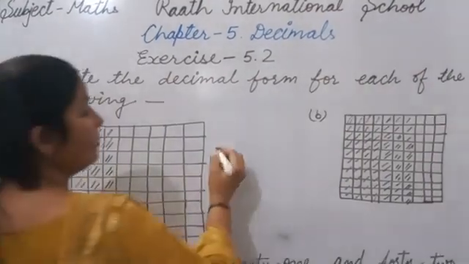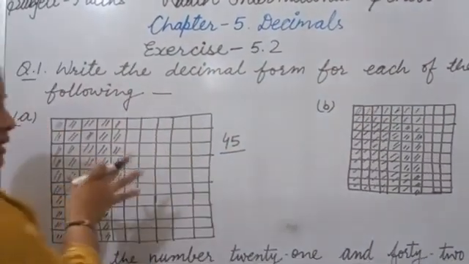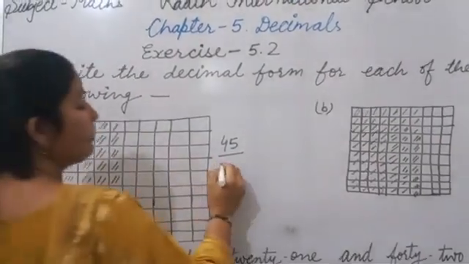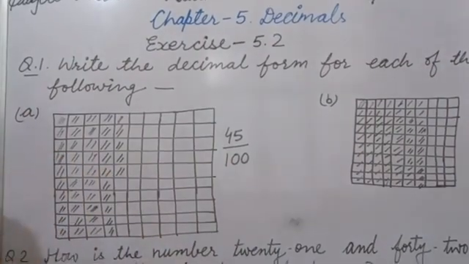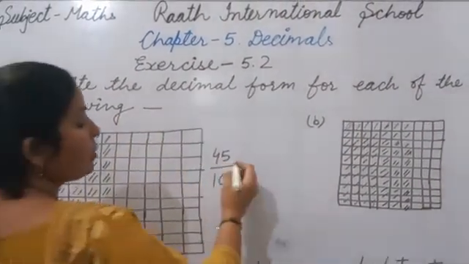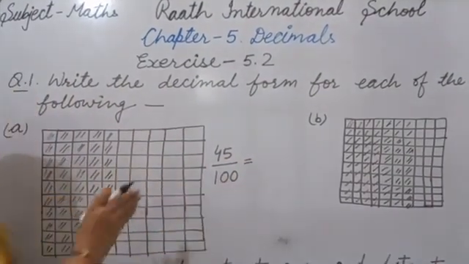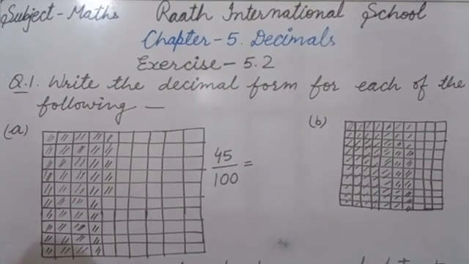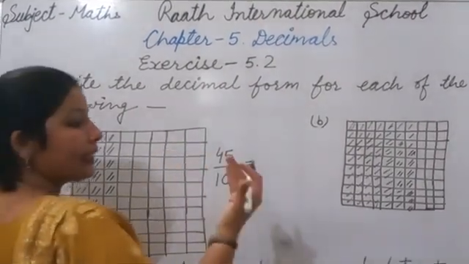So the fraction becomes 45 parts are shaded and total parts are 100. So 45 upon 100. Now by this we should write it into decimal form. It says to write in decimal form. So now we write in decimal form. So as I told you, when we have 100 as denominator, 2 decimal places we will take. So that means after 2 digits we will take the decimal.